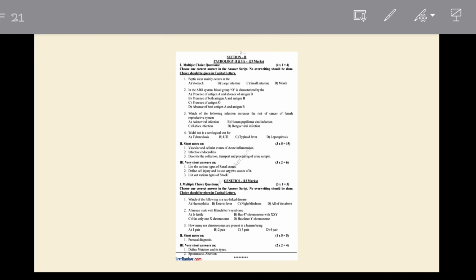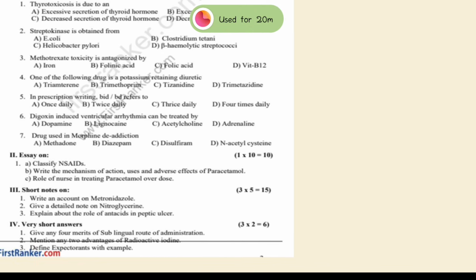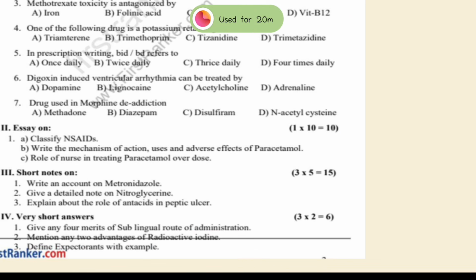Now we'll discuss last year's question paper so that you'll have some idea how they are asking. See, in section A, as I said, they gave multiple choice answers, and now we'll see this. See, there is no choice. They only gave: classify NSAIDs, and write mechanism of action, uses and adverse effects of paracetamol, role of nurse in treating paracetamol overdose.